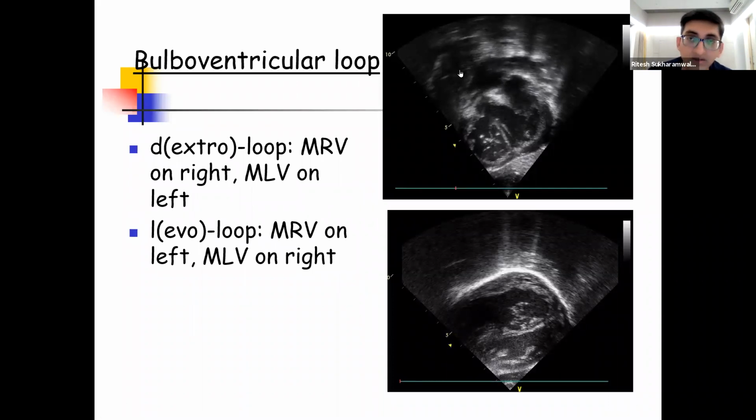So in any case, the convexity of the aorta will face morphological right ventricle. So when you are confused whether this ventricle is right ventricle or left ventricle, if you are able to define the convexity, the ventricle facing the convexity will be the morphological right ventricle.